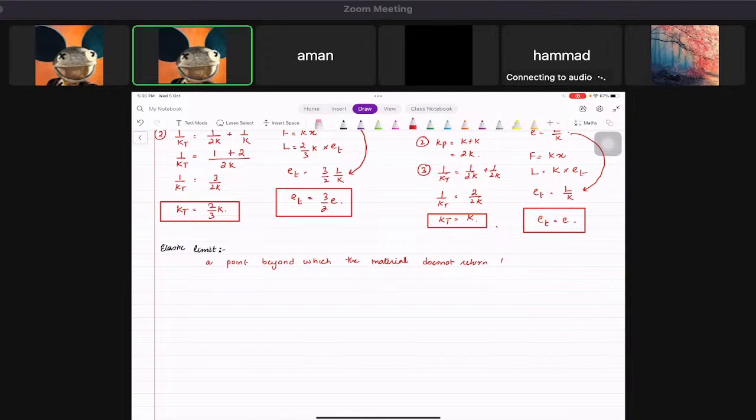And when something is permanently deformed, basically we call it a plastic deformation. I'll just show you now.